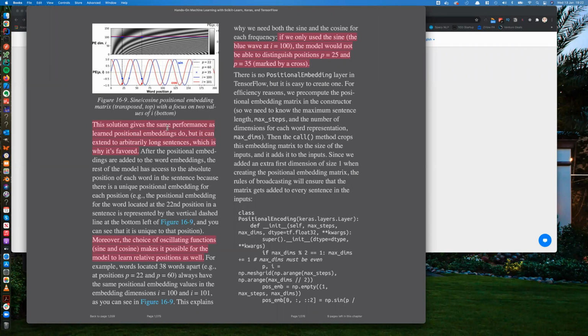It can derive that kind of information from the actual values of the positional embeddings.